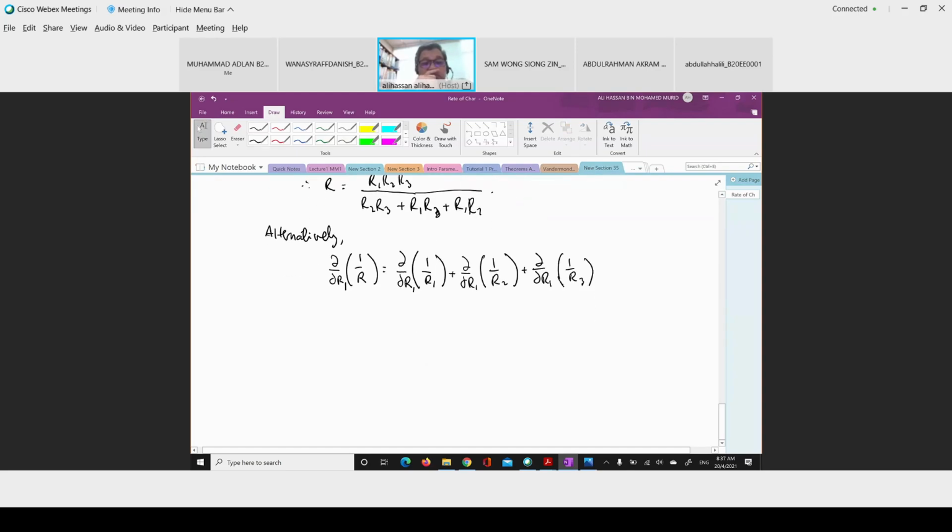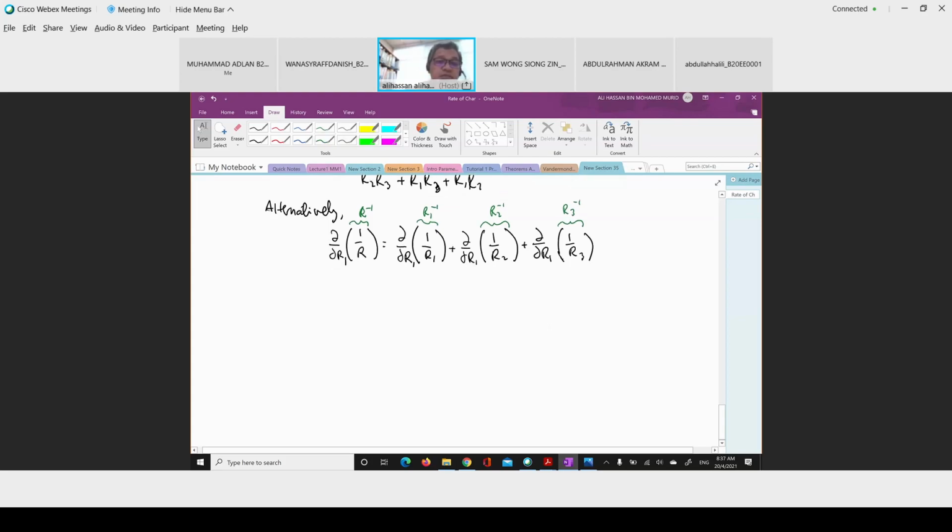What is on the left? 1 over R is R to the power of minus 1. This is R1 to the power of minus 1. This is R2 to the power of minus 1. This is R3 to the power of minus 1. So use the chain rule. It is minus R to the power of minus 2 times partial R partial R1, using the chain rule.